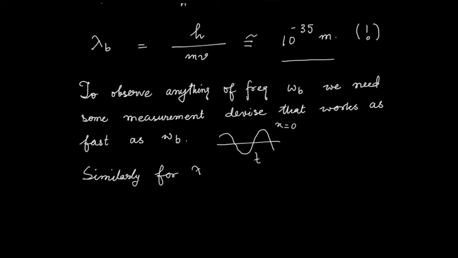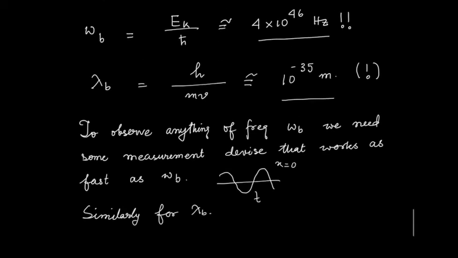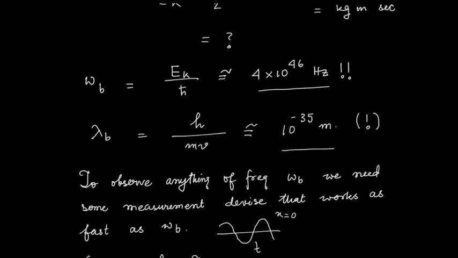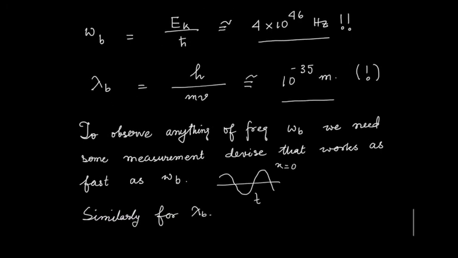Similarly for lambda b. As we have seen, for X-ray, we needed a spectrometer which had the spacing between those layers of the order of angstrom, because the X-ray wavelength is of the order of angstrom. So to see such a wave of wavelength lambda b equals 10 to the minus 35 meter, if I want to make a spectrometer just like the X-ray spectrometer with a crystal, I need a spacing of 10 to the minus 25 angstrom.